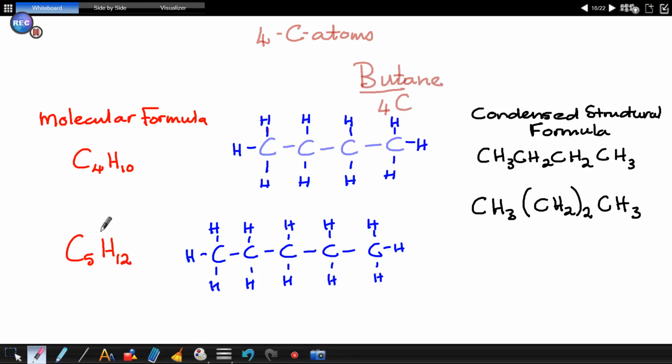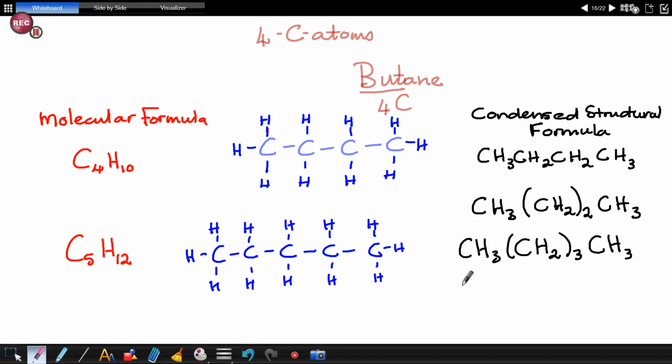So this is the molecular formula, this is the structural formula, and the condensed structural formula. If I really want to shorten it a lot, then it's CH3, CH2, and there are 3 of them, CH3 again.